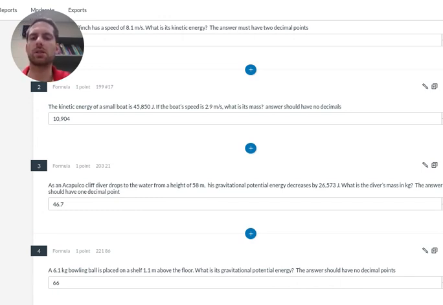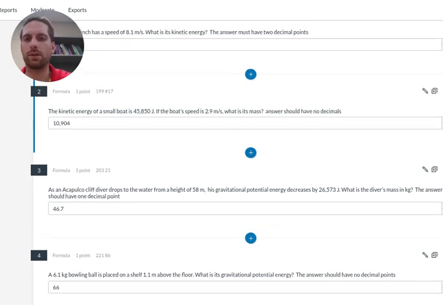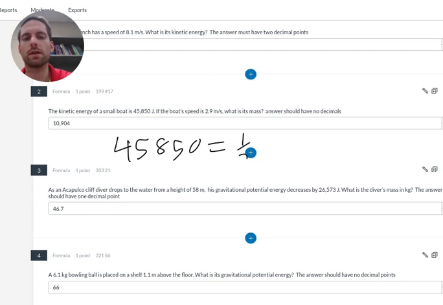We want the mass of this boat. So if we solve that out, 45,850 equals 1/2 mass times 2.9, and has to be squared because 1/2 mv squared is kinetic energy. And I'm going to find what mass is.